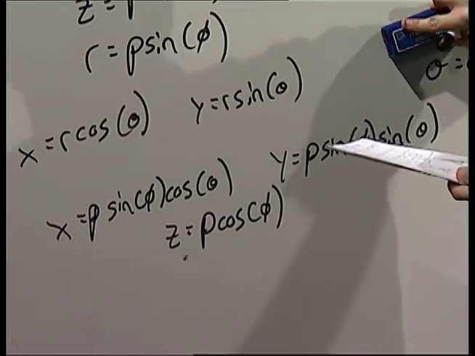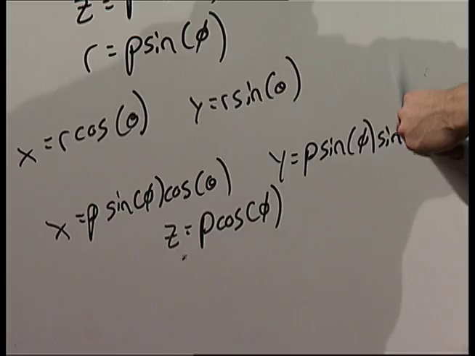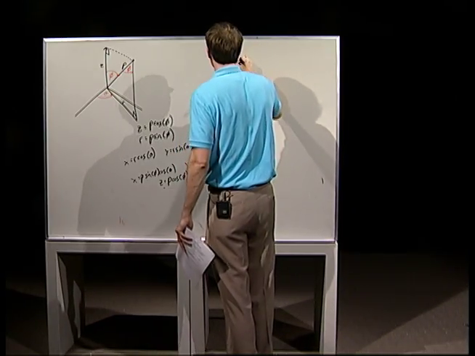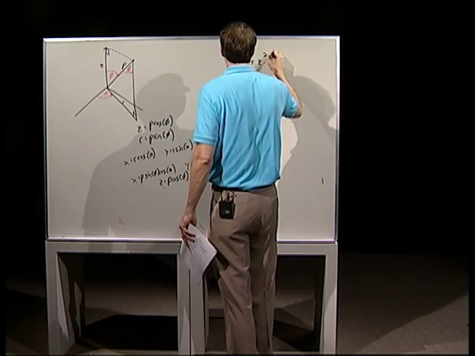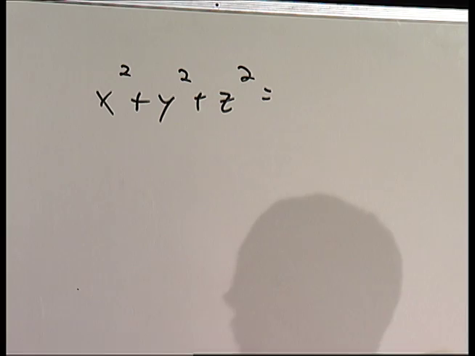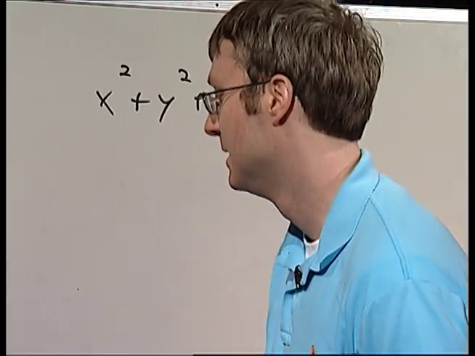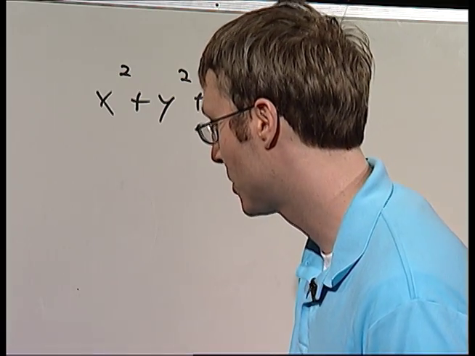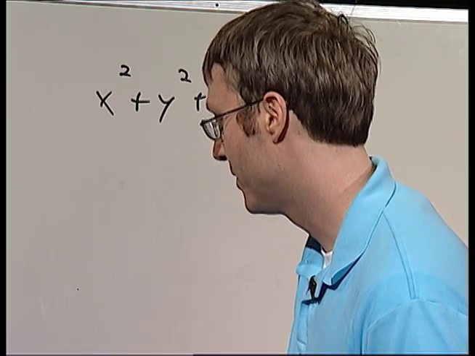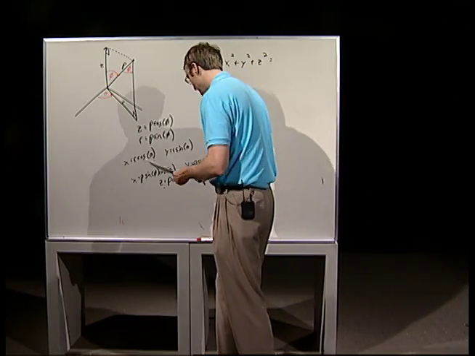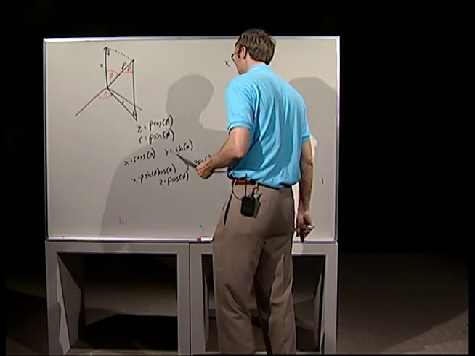And we notice that if we take x squared plus y squared plus z squared, right? In polar, x squared plus y squared is r squared. Here, x squared plus y squared plus z squared, take a look. We have a rho squared sine squared phi cosine squared theta, rho squared sine squared phi sine squared theta, and a rho squared cosine squared phi, right?